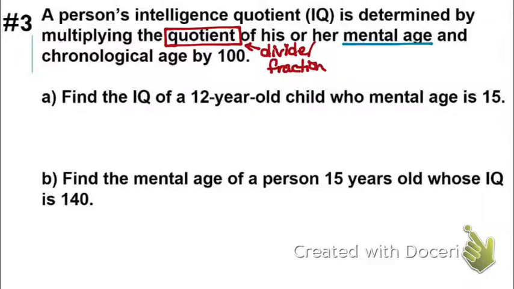If they say you have a quotient of, the very next thing they're telling you is what goes on top, and then the next thing they tell you is what goes on the bottom. So the mental age is going to be my numerator. And what's my denominator? Chronological age.